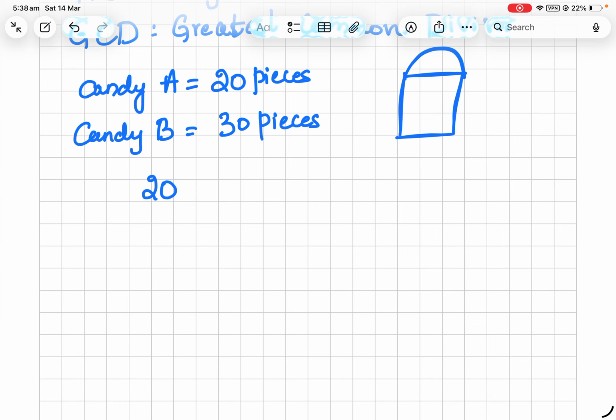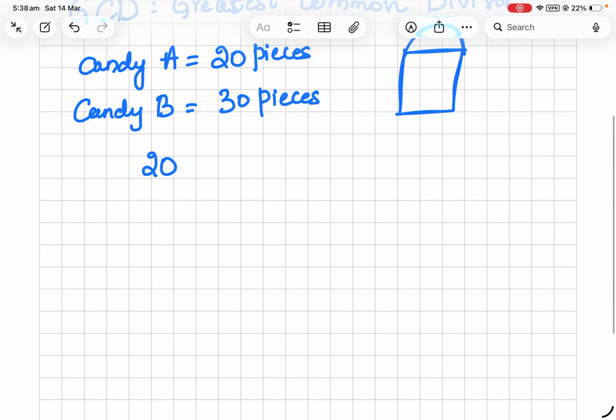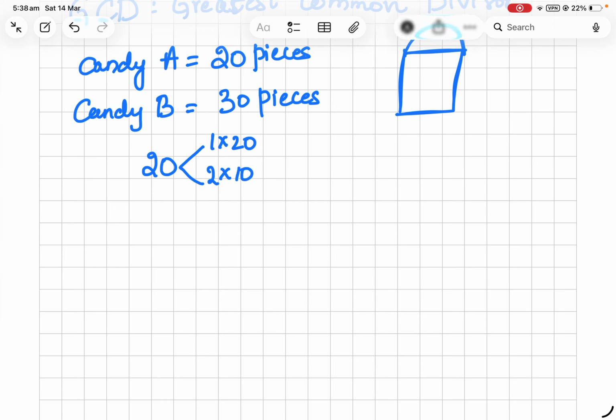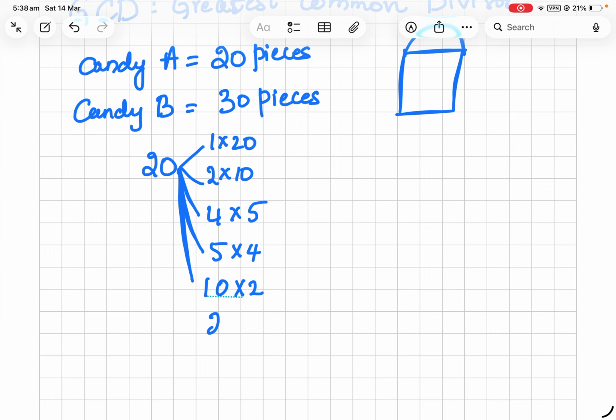Now 20 can be written as 1 times 20, 2 times 10, 4 times 5, 5 times 4, and then 10 times 2, and 20 times 1.